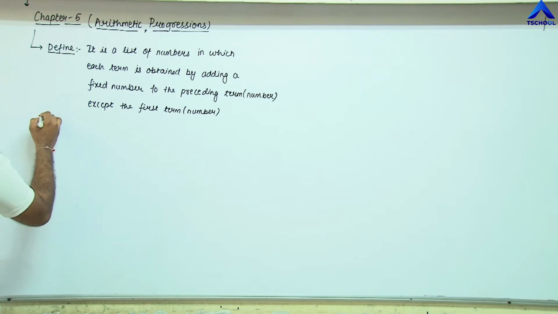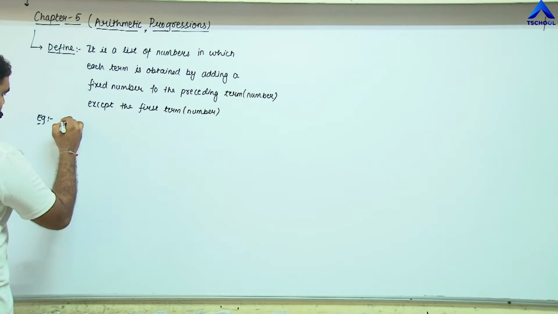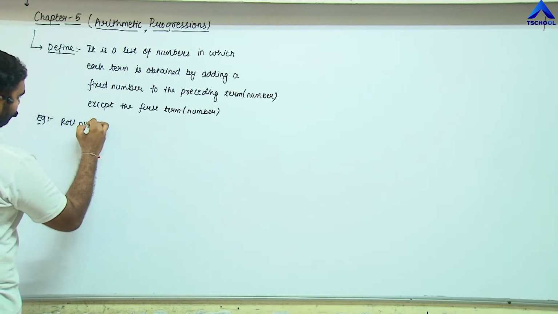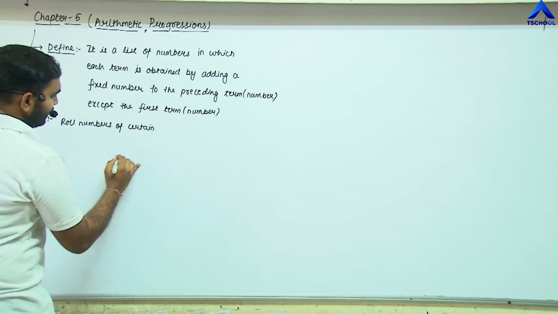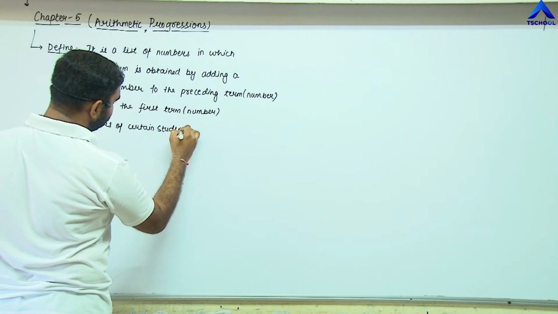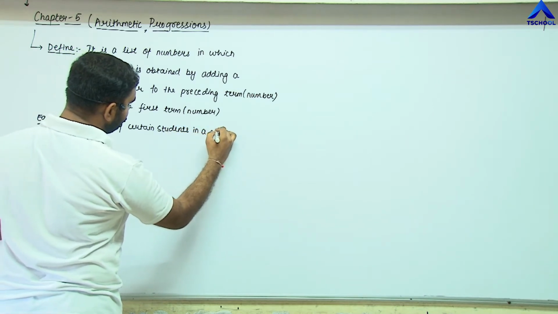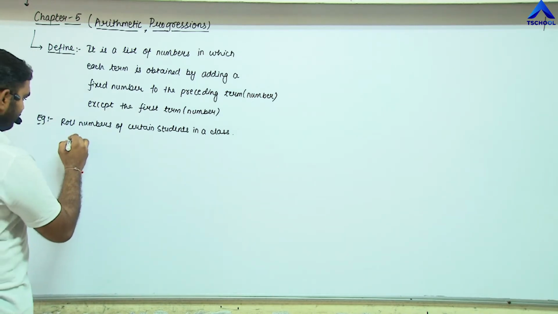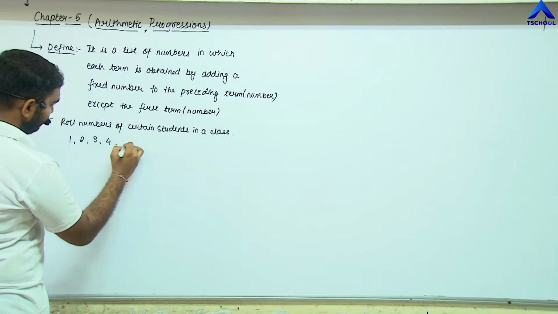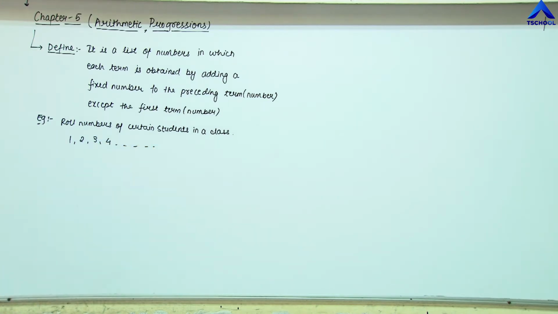For example, the roll numbers of certain students in a class start with 1, 2, 3, 4 and so on. Here I am adding a difference of 1 to each number except the first. The first one is 1, the second one is 2.